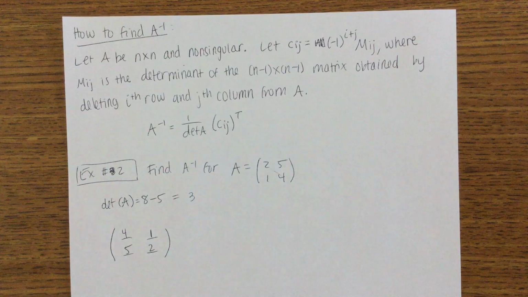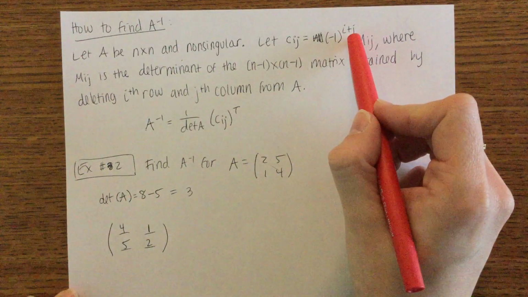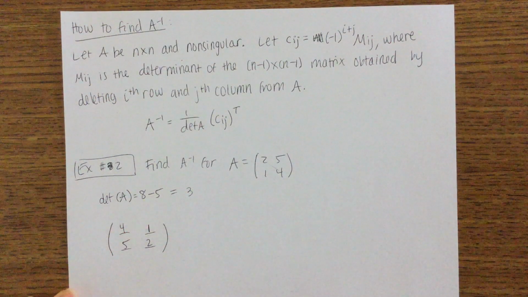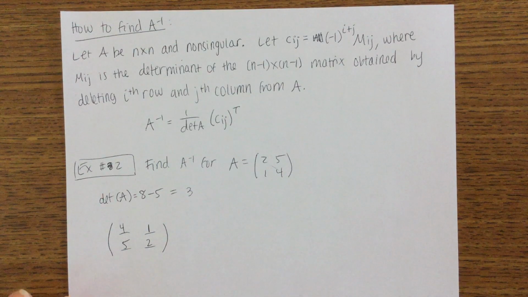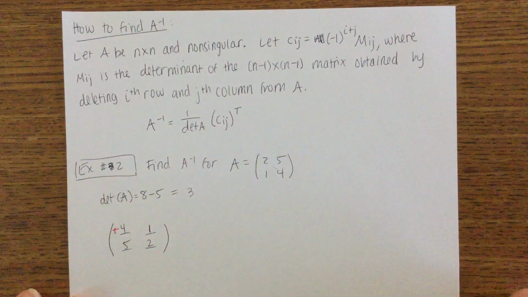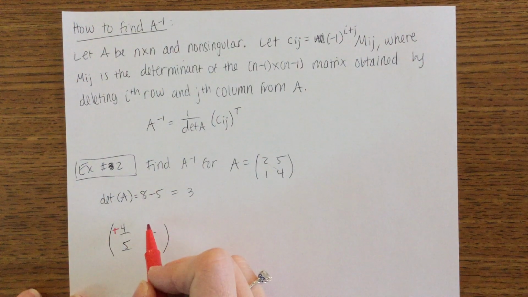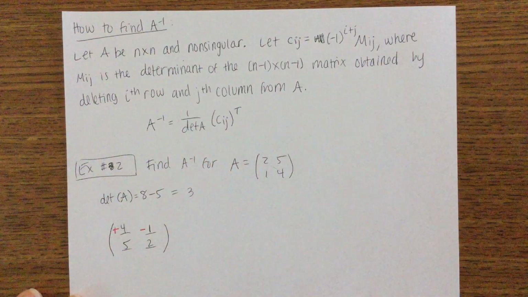Next thing we need to do is take care of that -1 to the i plus j. This component, first row, first column. So i and j are 1 and 1. -1 squared will give us positive. This one, first row, second column. So 1 plus 2 is going to give us 3. -1 to the third means this is going to be negative.